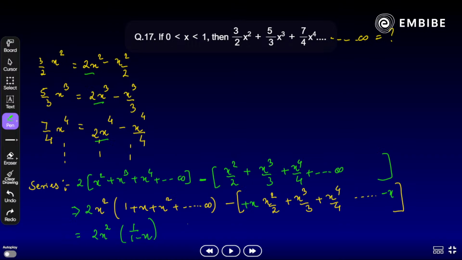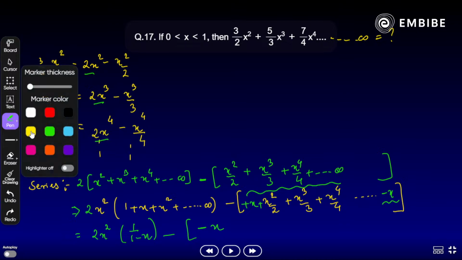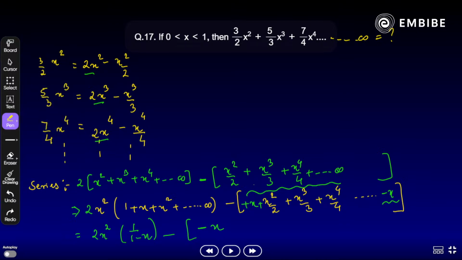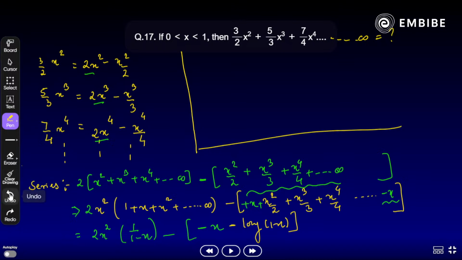In the second bracket, the minus x you have to write down as it is here, the last one. And just focus on this term, x plus x square by 2 plus x raised to power 3 by 3. It is nothing but minus of log of 1 minus x here. Clear? Now try to solve this term. We will get the final answer.